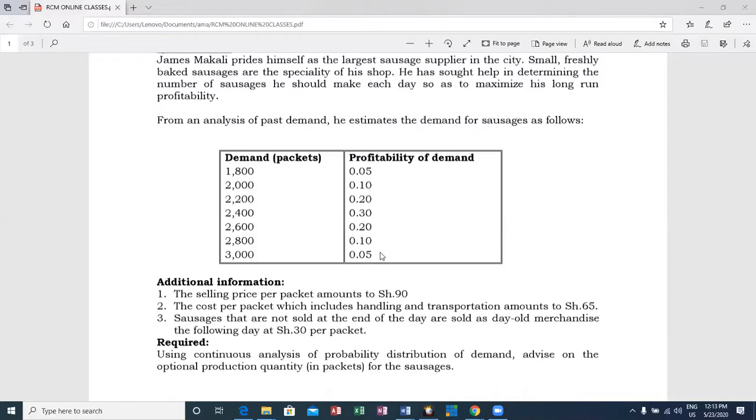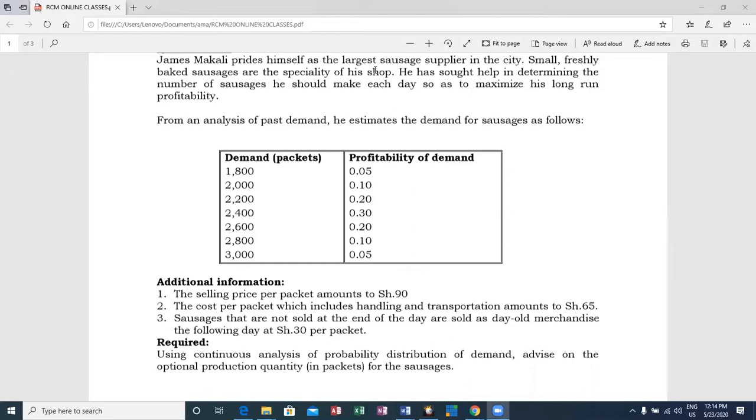For purposes of getting our mean, what we need to do is multiply the two columns. So create a column of XP. You take X by the probabilities, and then you give us the answers. The first one is 1800 times 0.05, which gives us 90.